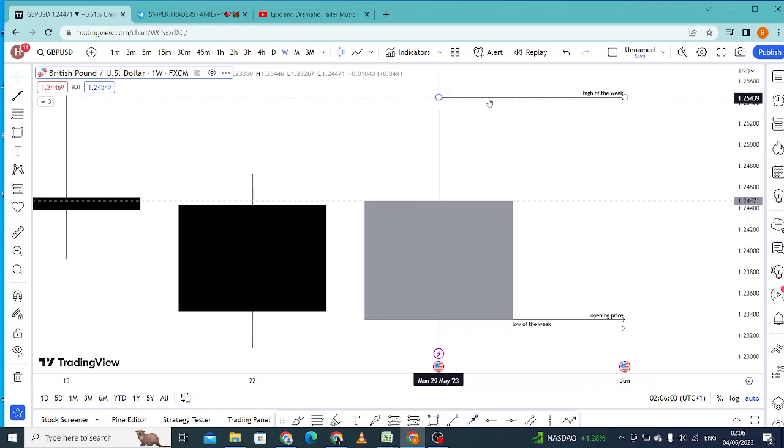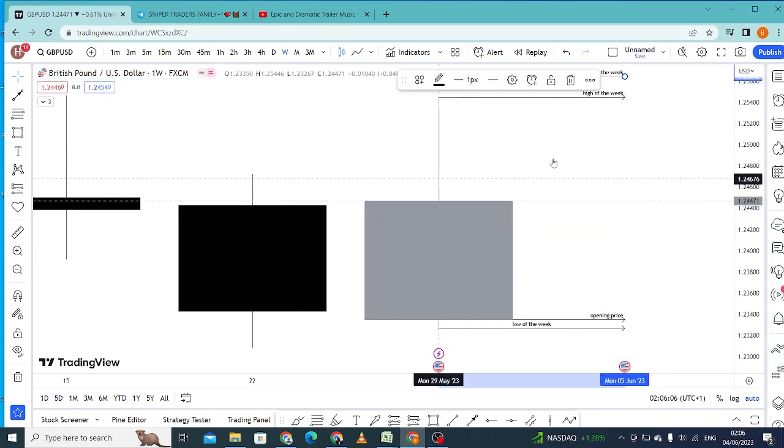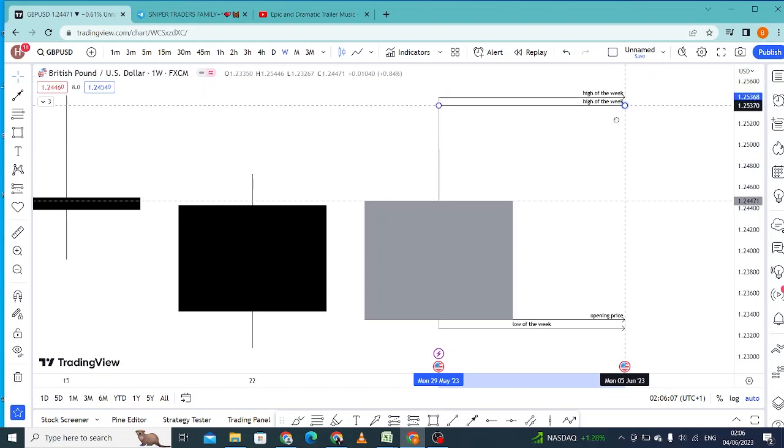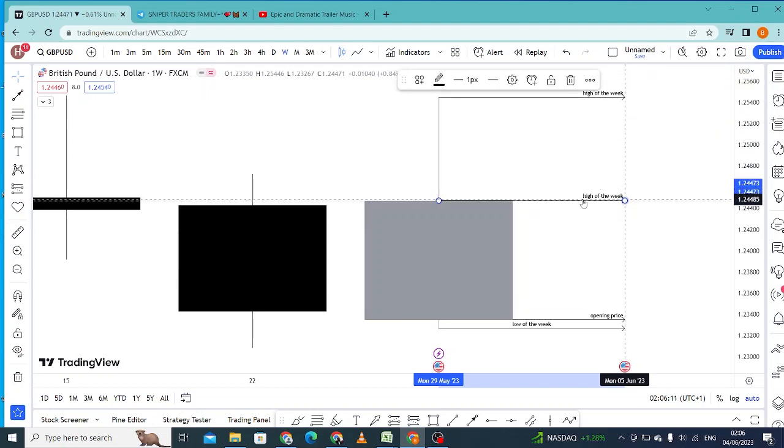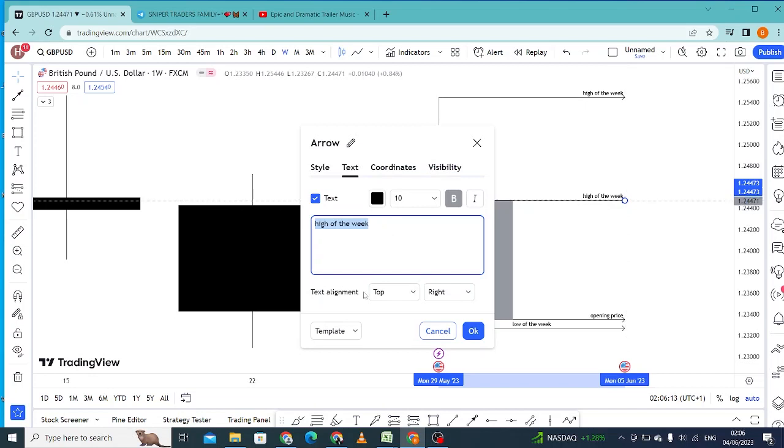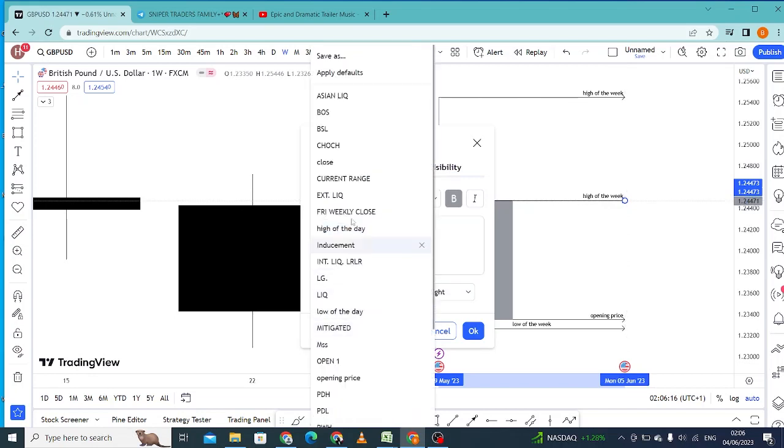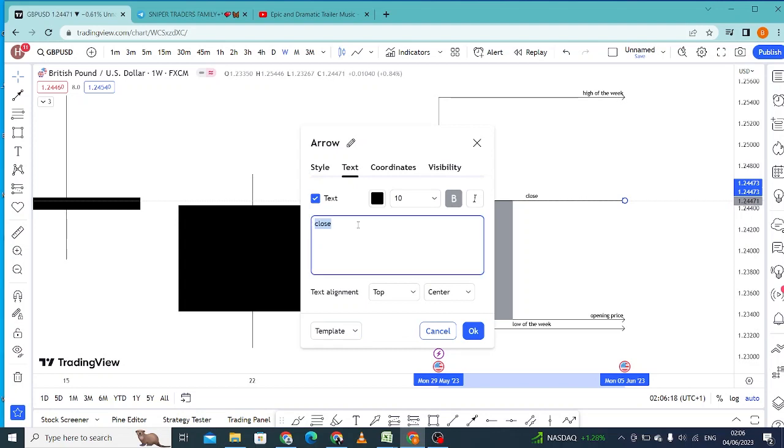So that's a closing price, the closing price for the week.